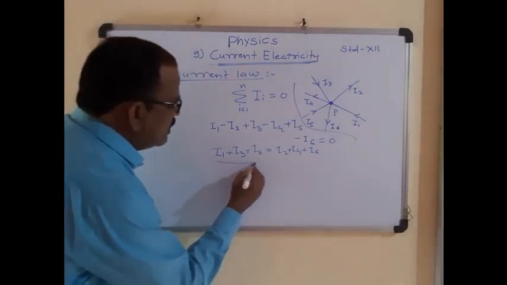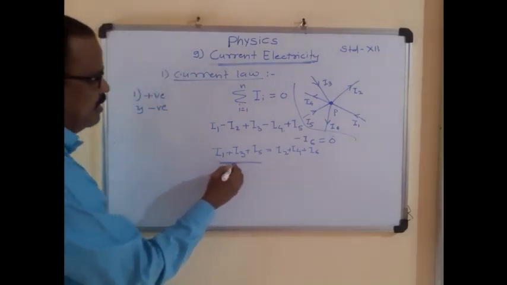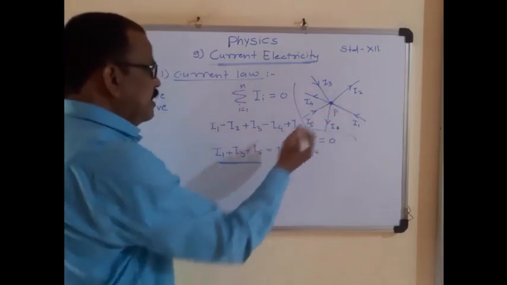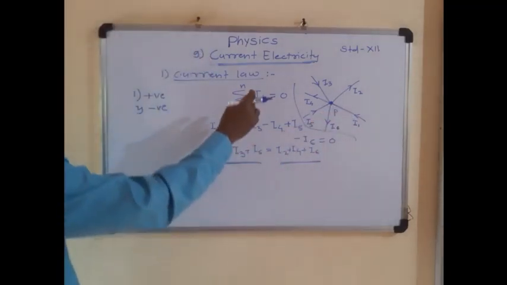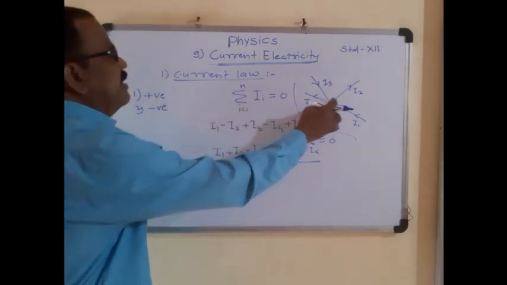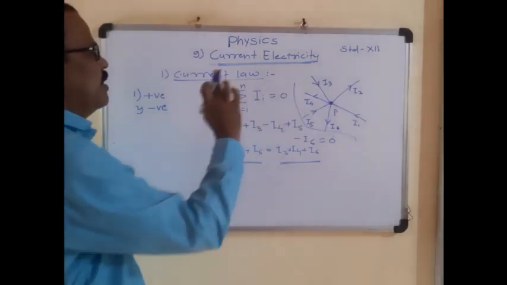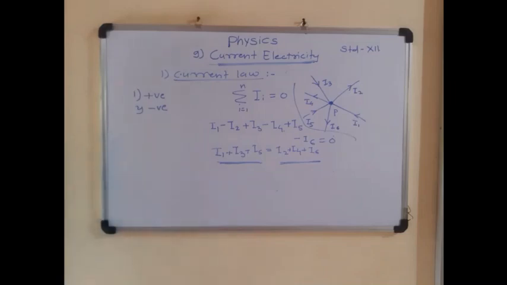From this equation it is clear that the total current arriving at the junction is equal to the total current leaving the junction. Hence, the algebraic sum of the electric current at any junction is equal to 0. This is the current law.